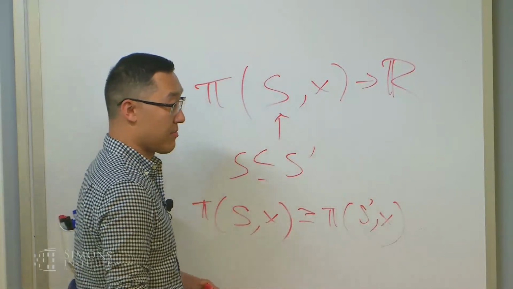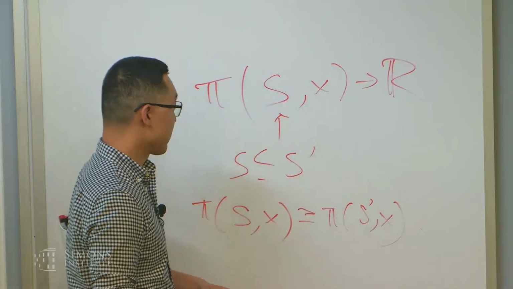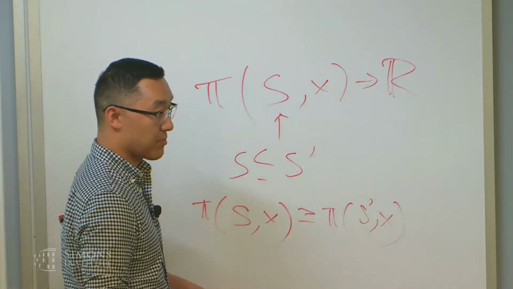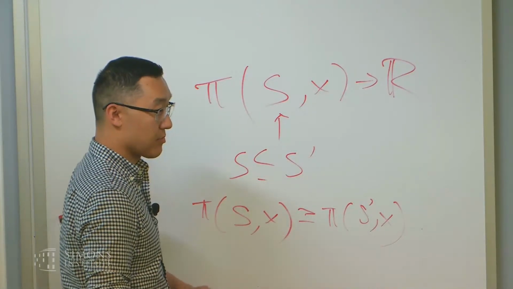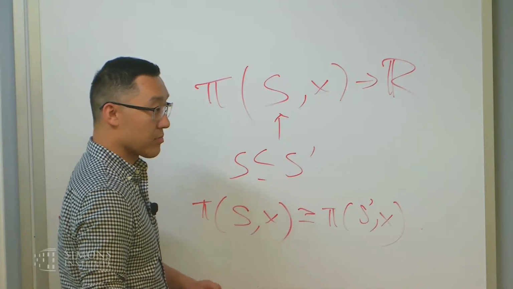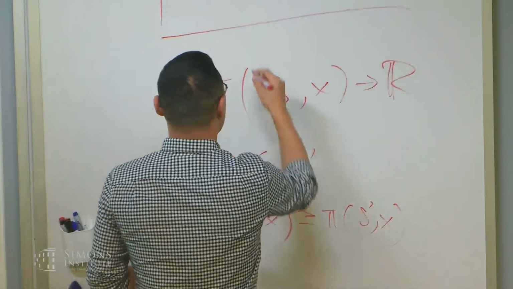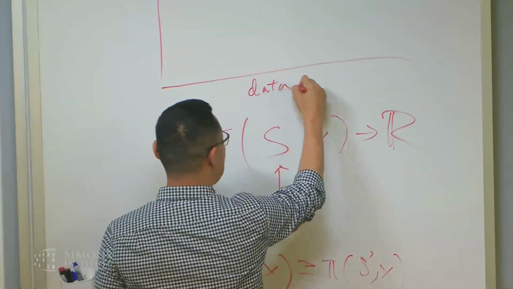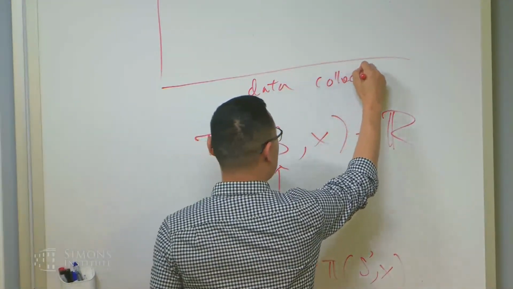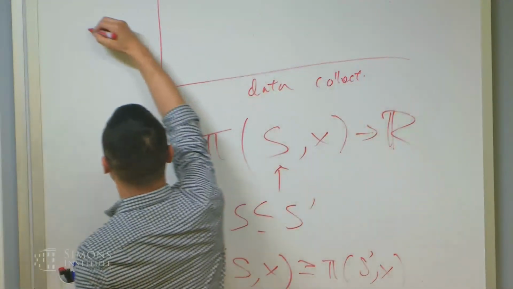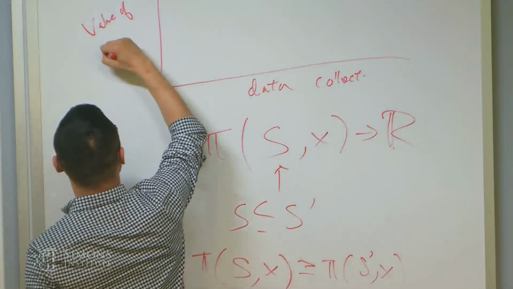So intuitively, I think what it's saying is, if I tell you more information, you better. Can you also just give me an English version? Okay, sure. Sorry. So this is the amount of data that I've collected so far, and this is the value of a new data point.